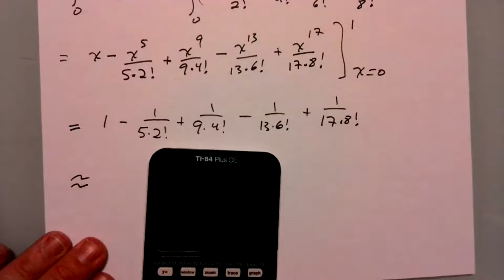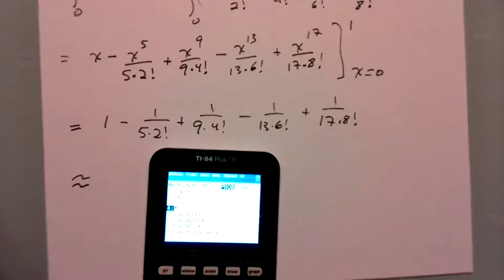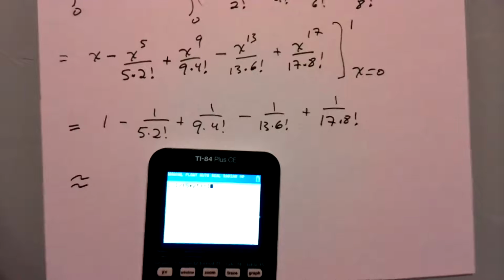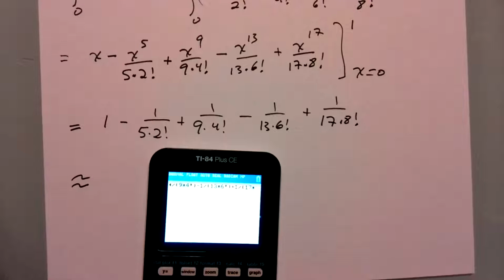I hope you can see this, at least some of it, although it's not terribly well focused on your screen. But 1 minus 1 over 5 times 2 factorial plus 1 over 9 times 4 factorial minus 1 over 13 times 6 factorial plus 1 over 17 times 8 factorial.